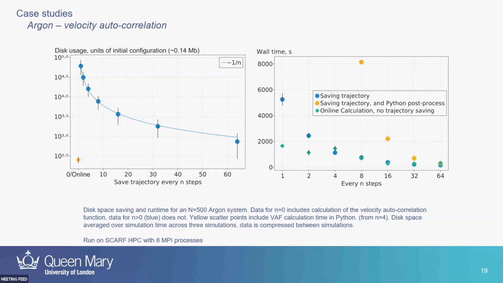I've also put an example in yellow of a simple Python script to do the post-processing, which is not the most efficient way of doing it. But the take-home is that we eliminate the trajectory storage, and we're able to calculate the VAF with very little overhead.